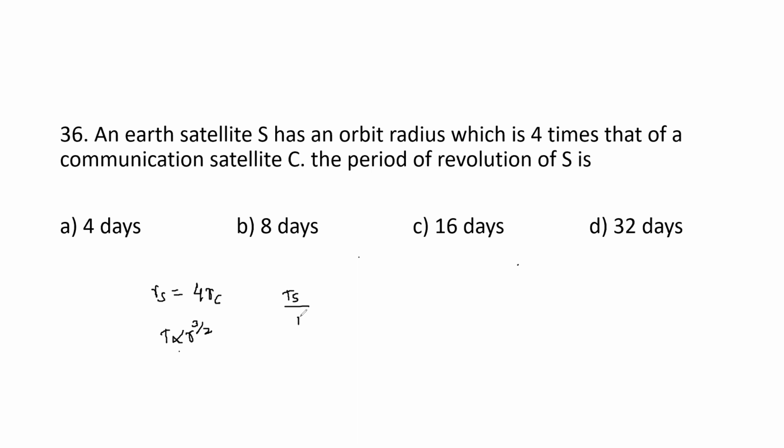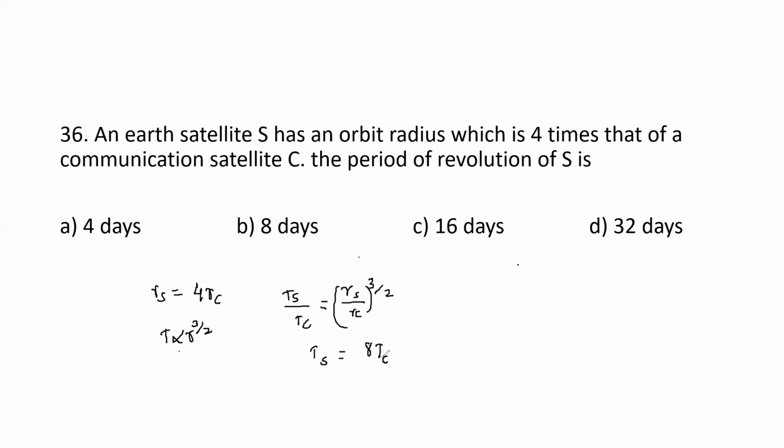Then TS divided by TC, where TS is the time period of the satellite and TC is the time period of the communication satellite, is RS divided by RC, all to the power of 3 by 2. Therefore, TS becomes 8 TC.